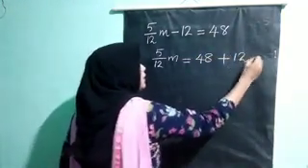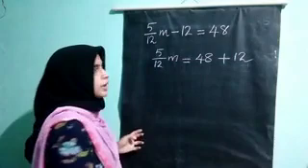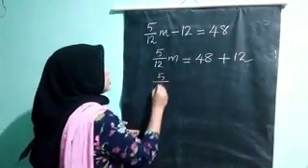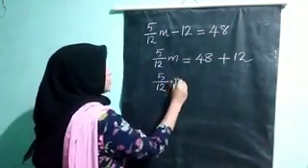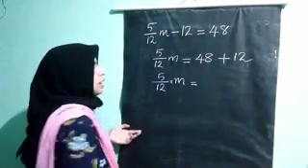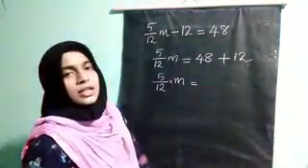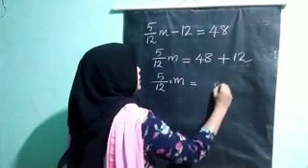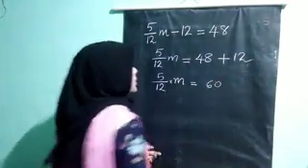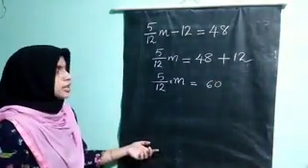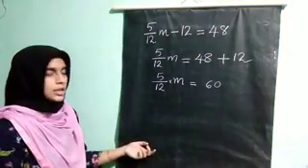Minus 12 will become plus 12. So 5 by 12 into m. This means into. 48 plus 12, 8 plus 2, 10, 60. So you will get 5 by 12 m equal to 60.